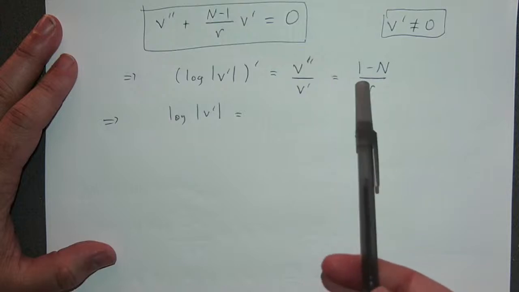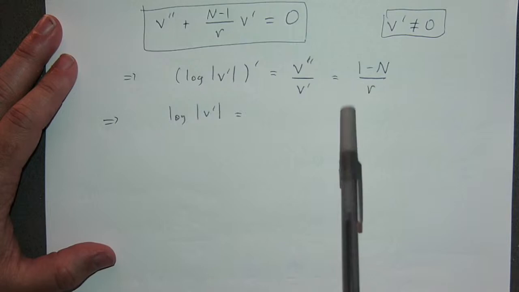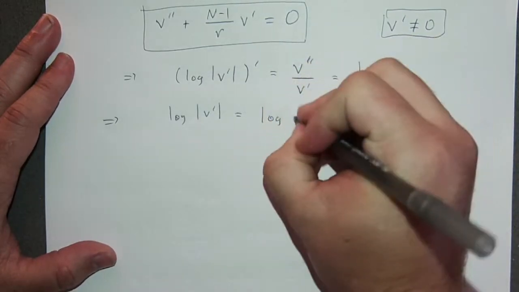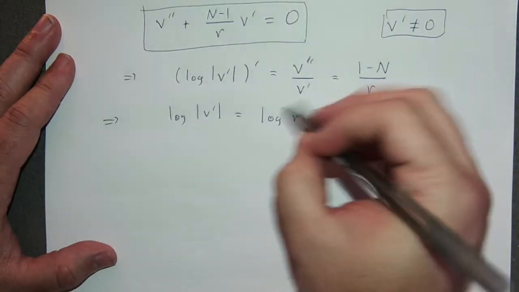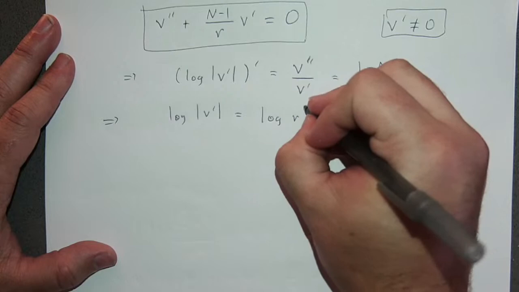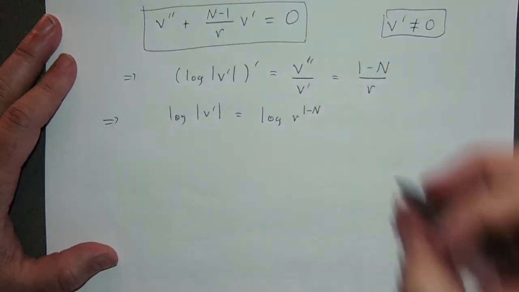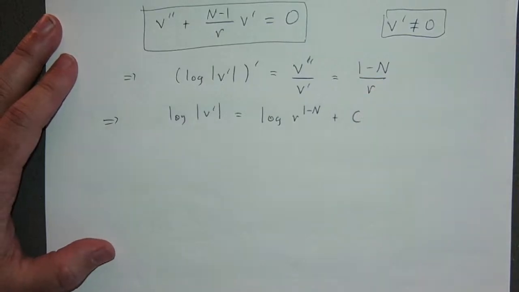Integrating with respect to r, it's going to be 1 minus n times log r, but I can rewrite that as log r to the 1 minus n using log rules, plus some constant, I'll call it c.